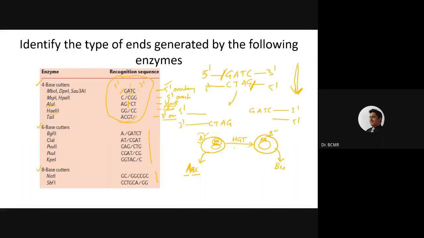They recognize the same sequence, they cut the same, their activity is the same, and there would be a lot of similarity at the level of protein sequence as well. The only difference is they are isolated from two different organisms, because of which their names are different. Here it is ARE and here it is BRE. Therefore, in most cases, isoschizomers recognize and cut the same location.